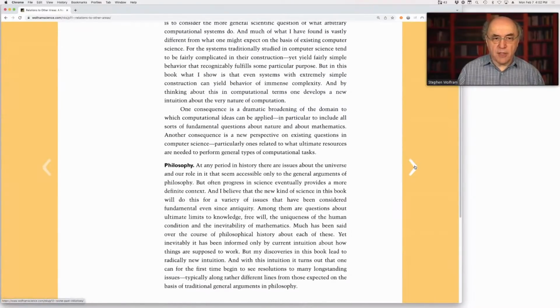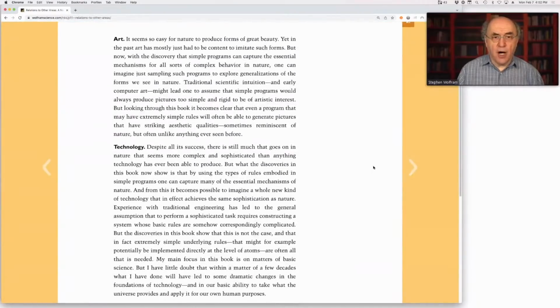I mentioned philosophy. I mentioned art. An interesting thing: the NKS book has been quite popular among people interested in visual forms and architecture. One thing to realize is that by finding these simple programs, we're trying to find the essence of what makes nature tick, the essence of how forms are created in nature.